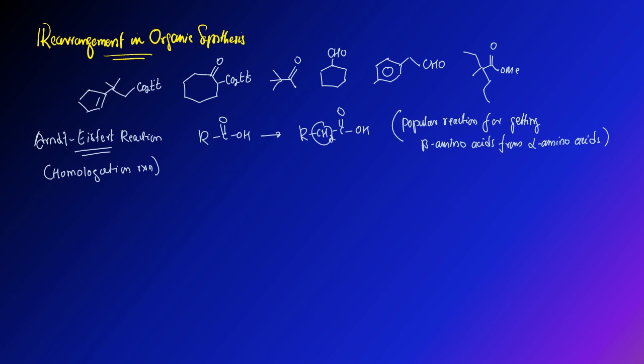Again, beta amino acid is the next homolog of alpha amino acid, so that's why this reaction was at the beginning introduced or used for this particular purpose.